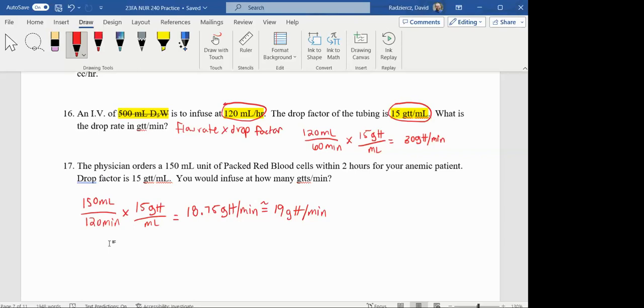But remember, we're in the CCAC Allegheny campus nursing 240 math bubble, so we're just going to make sure we round to the nearest whole number when it comes to drops.